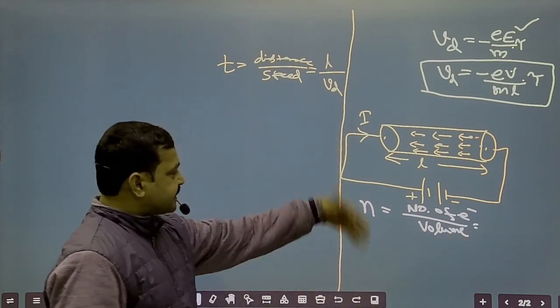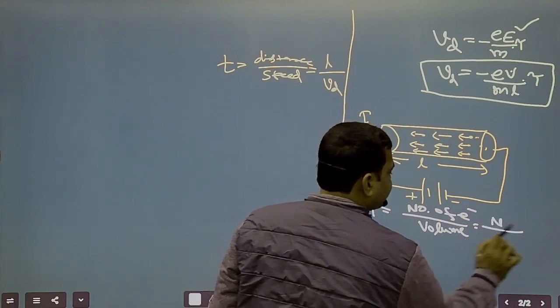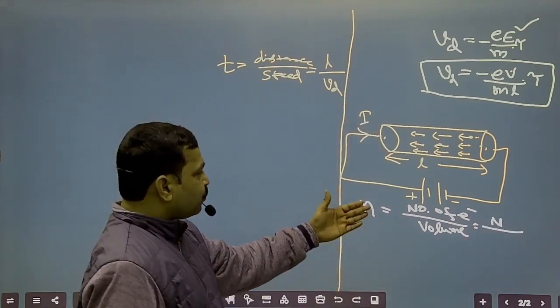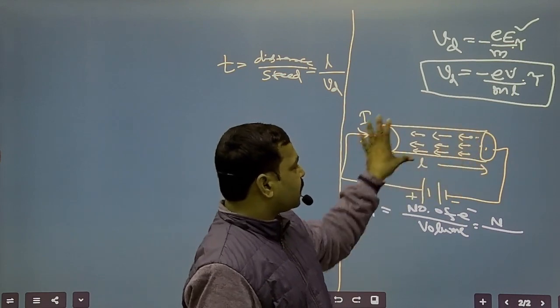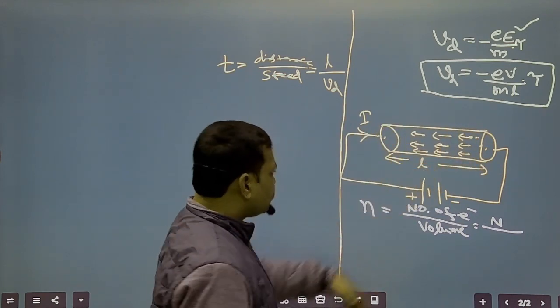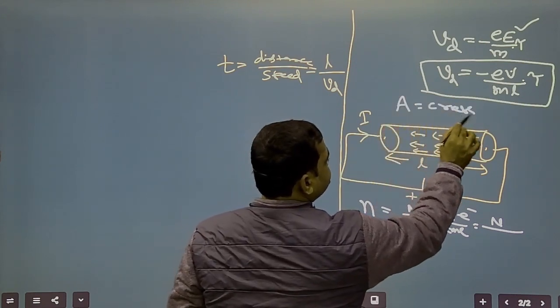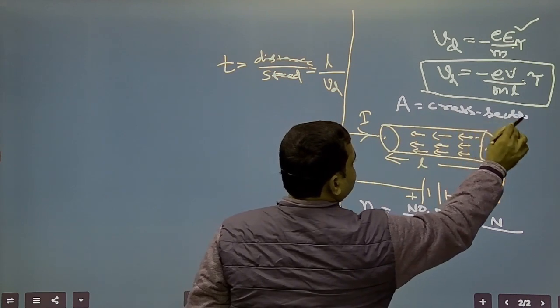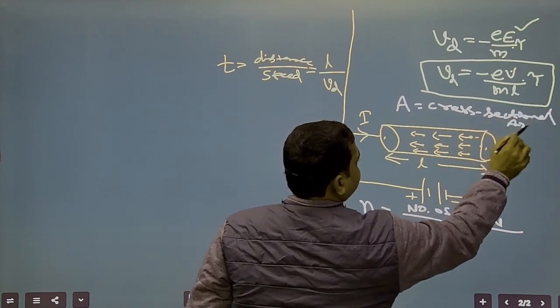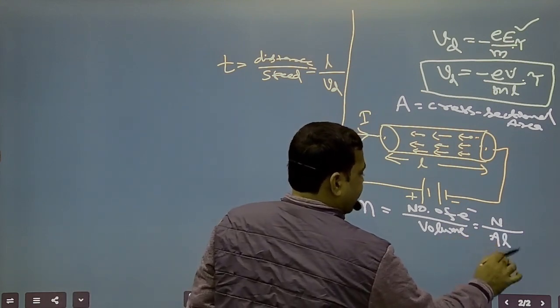So in this case, suppose the total number of electrons is capital N, and what will be the volume of this conductor? This will be cross sectional area into length. So A is the cross sectional area, so the volume will be A into L.